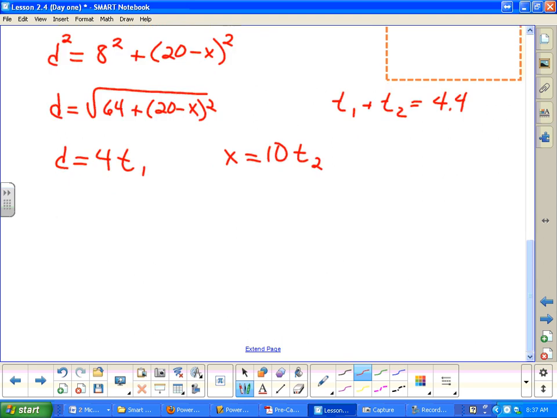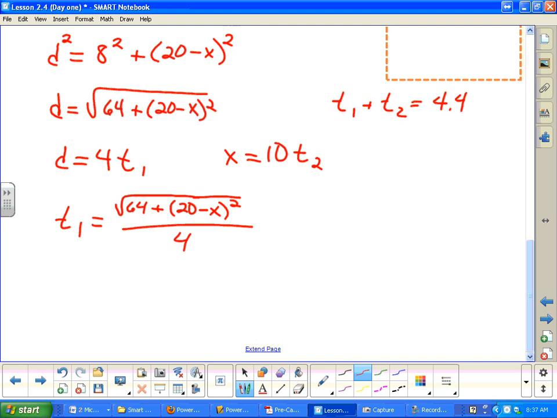Now, d is equal to this, isn't it? So T1, time 1, is equal to the square root of 64 plus (20 minus x) squared, divided by 4. Because distance d is equal to that radical, and so the time is equal to the distance divided by the speed.